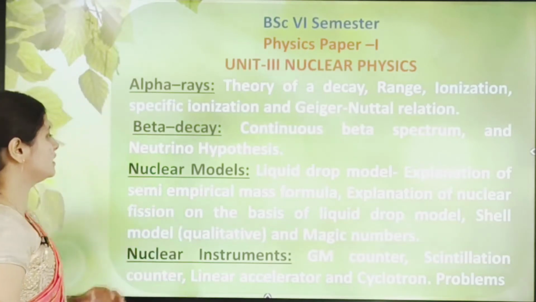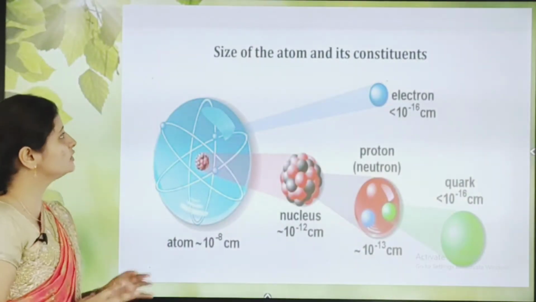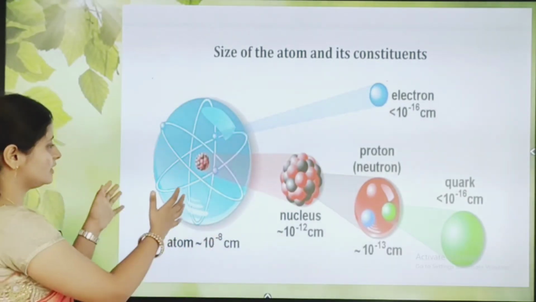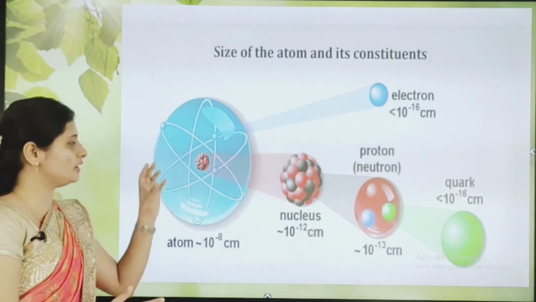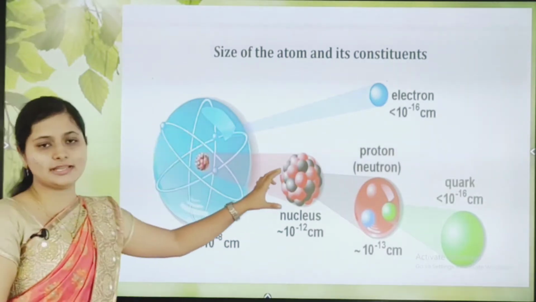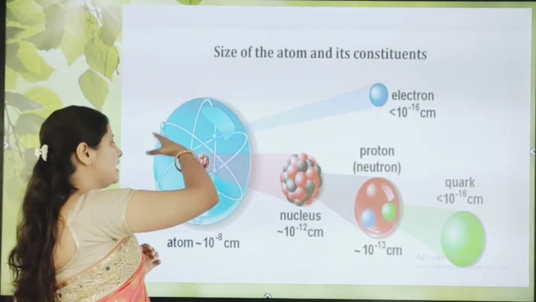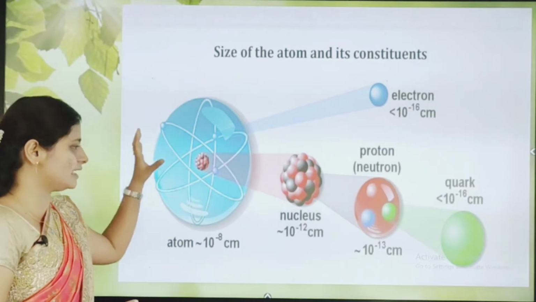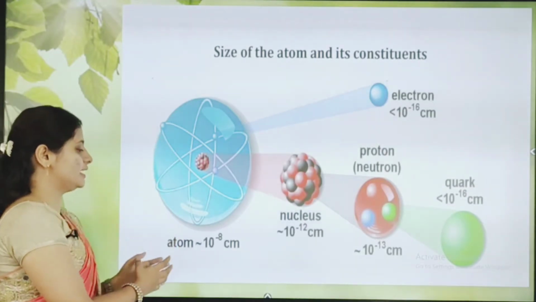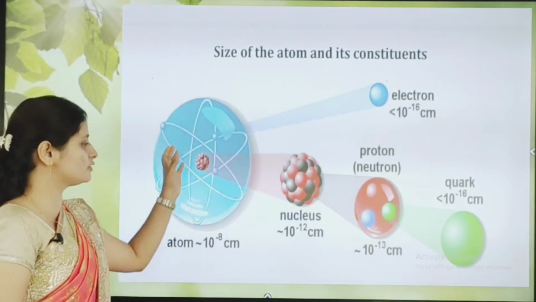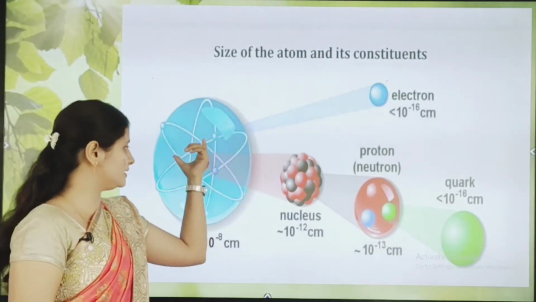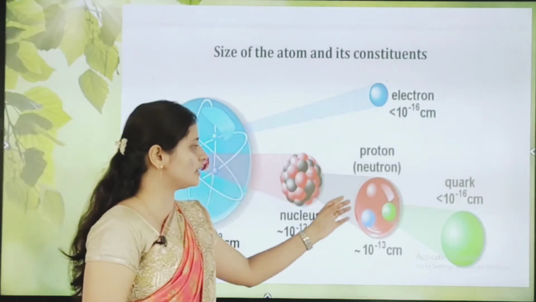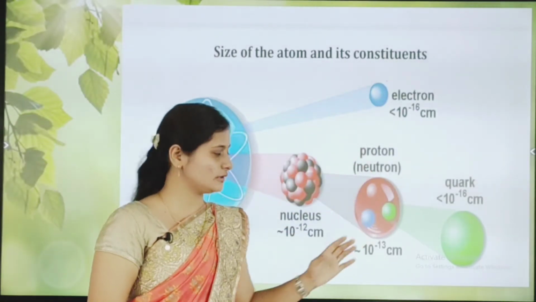Okay, first let's begin with some basics. Size of the atom and its constituents. We already know that the atom consists of a center core, the nucleus, and the electrons revolving around the nucleus. We call this an atom. The center core is nothing but the nucleus, which consists of protons and neutrons.